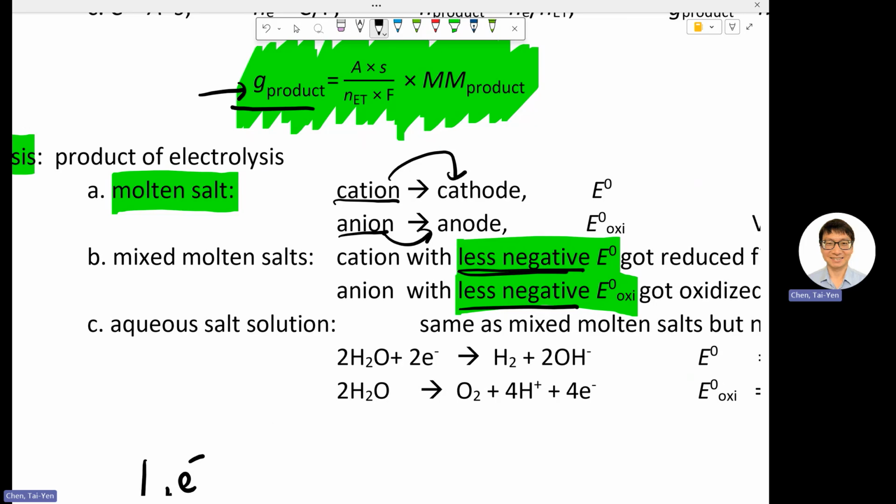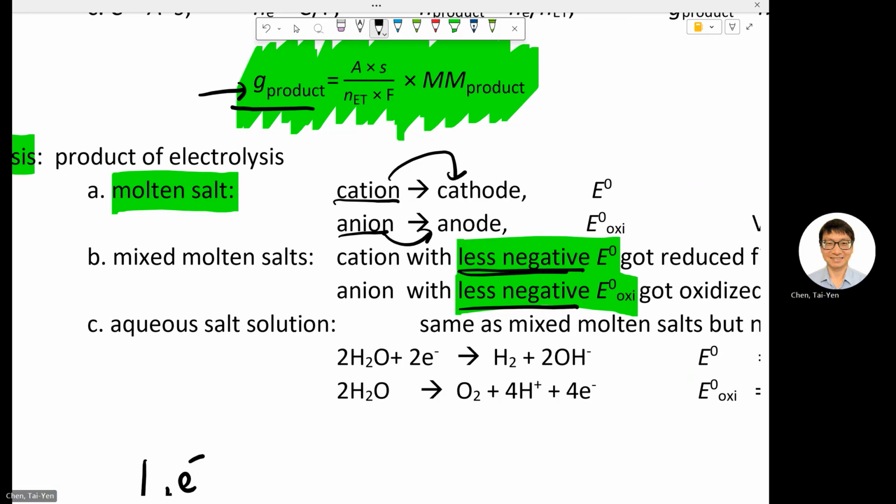Okay, again, if you're looking for the things on the cathode, you know it's zero, then you should use the reduction potential. If you're on the anode, which is your LOA, then you're looking for the oxidation potential. So if you compare the two salts, whichever cation has the less negative reduction potential will be the species you're going to see on the electrode.